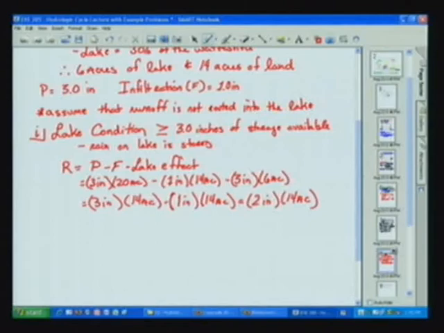So we end up with, then we'd have to multiply that by 12 inches for every foot, and that will yield for us 2.33 acre feet.